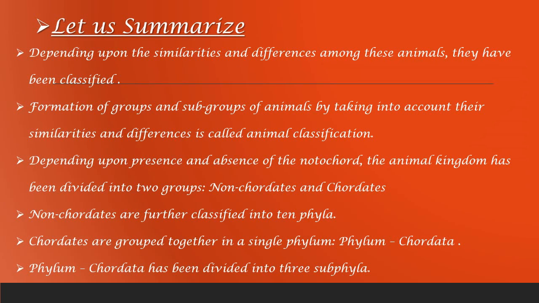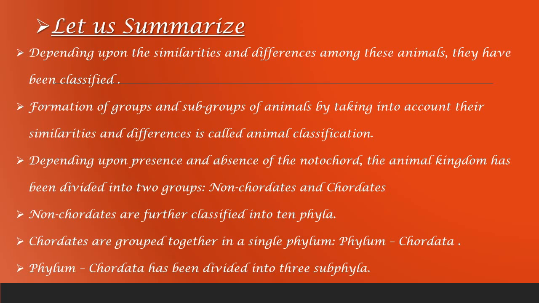So students, this was the end of module 1. Now let us summarize what we have learned in this module. We learned that depending upon the similarities and differences among animals, they have been classified. The formation of groups and subgroups of animals by taking into account their similarities and differences is called animal classification.